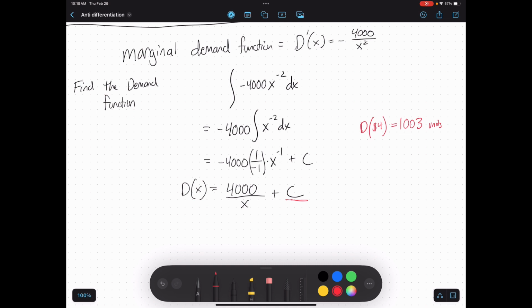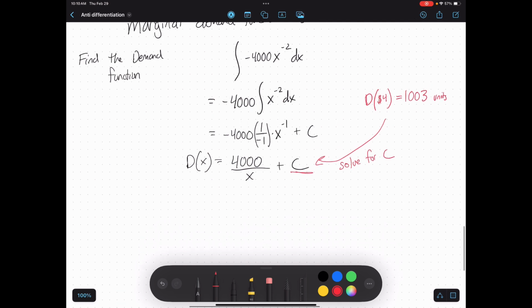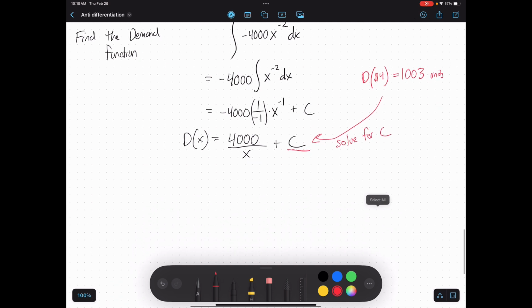They have an x value with a corresponding y value, or corresponding output value. At $4, your demand is 1,003. How does that help me? Well, that helps me solve for C. I can plug in this data point and solve for what my C value is going to be.